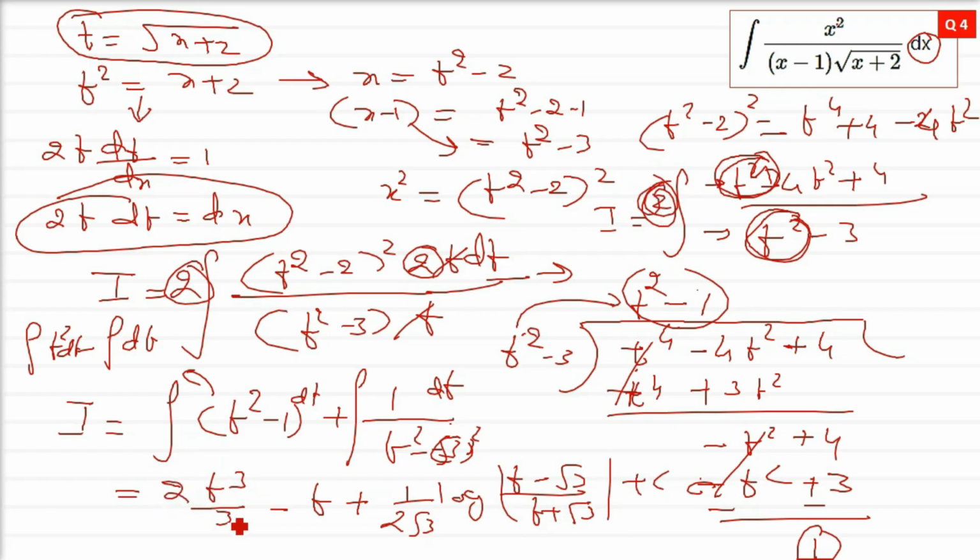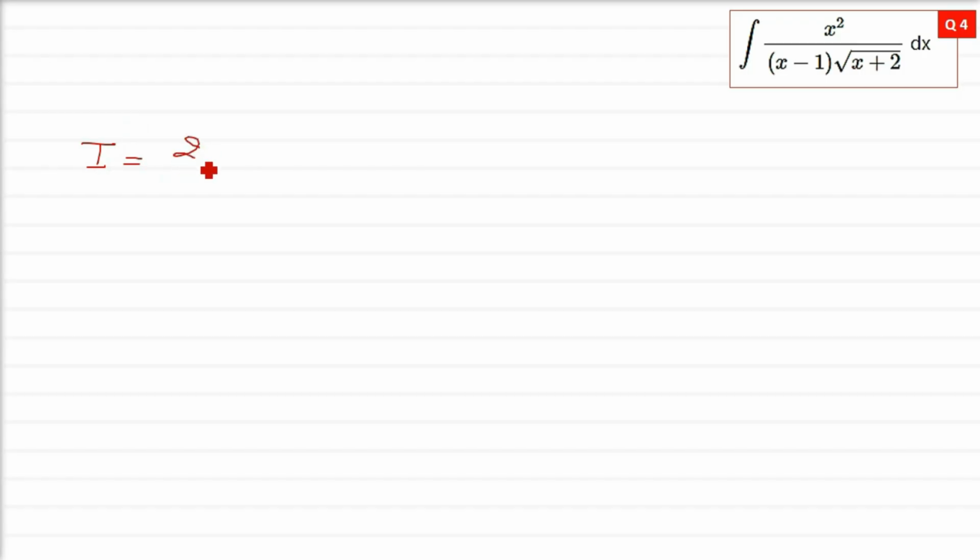Now 2 is already multiplied with all of them, so let's multiply it in order to get the final result before one step where we are going to replace t by under root x plus 2. So multiply everything with 2. Now the next step will be replacement of t with under root x plus 2. Wherever t comes, you will write x plus 2 to the power half, because under root is to the power half only.